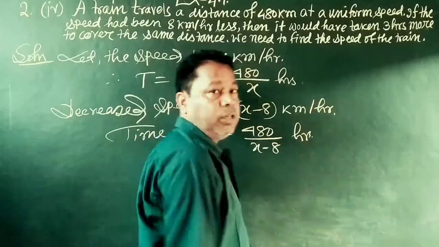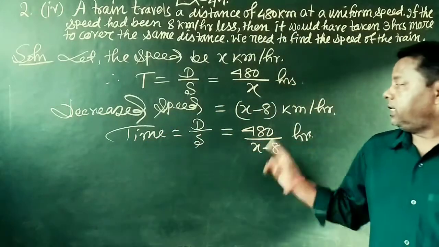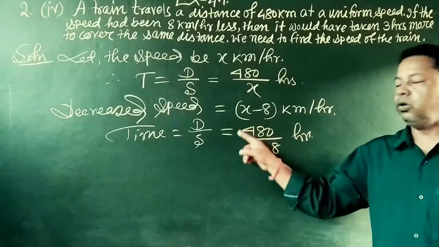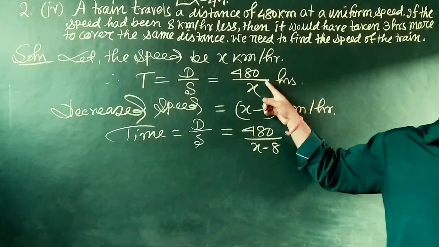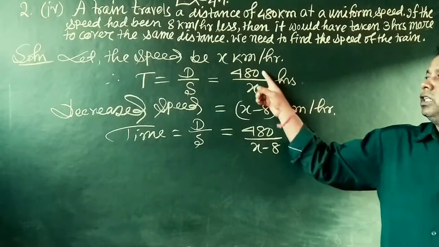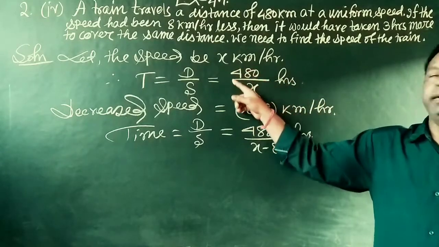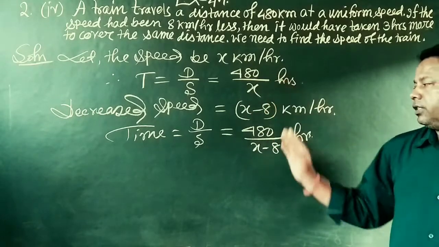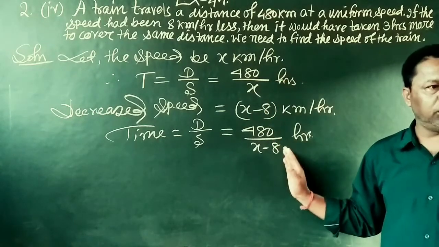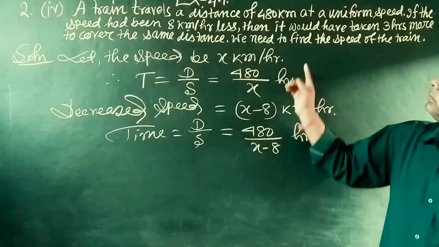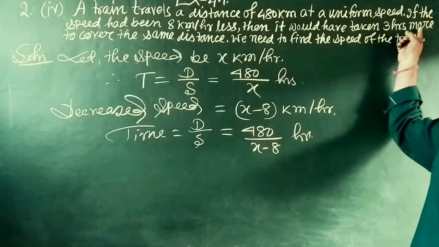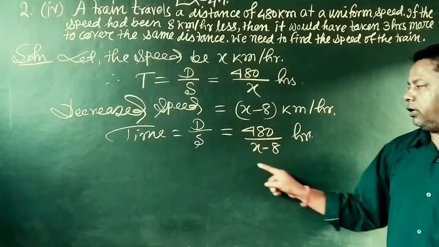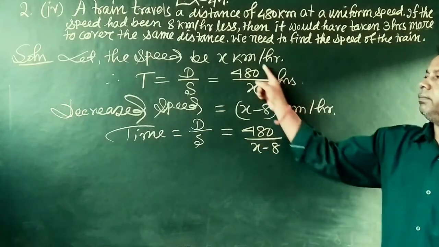Now here we have to understand one thing. When speed is less, the time taken is more than the time taken before. When speed is more, less time will be taken, right? So this is less time, and this is more time. How much more? It will take 3 hours more than the time taken before.